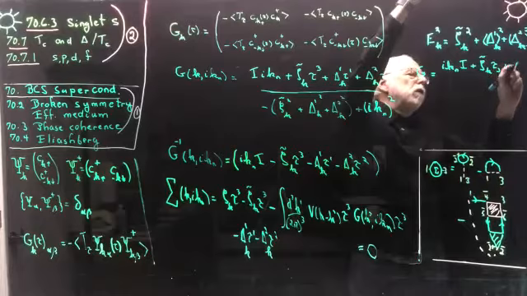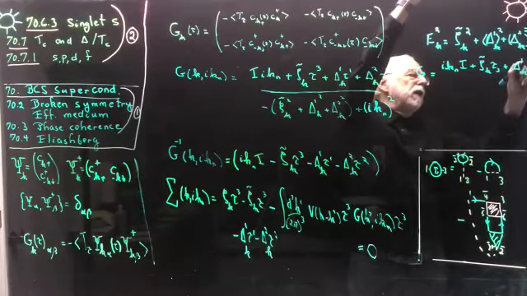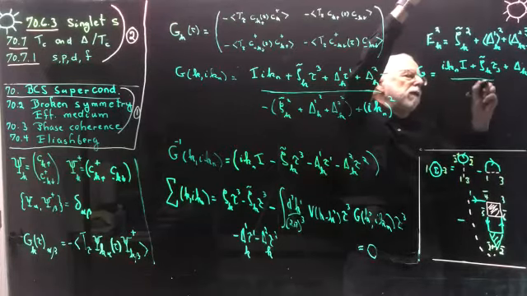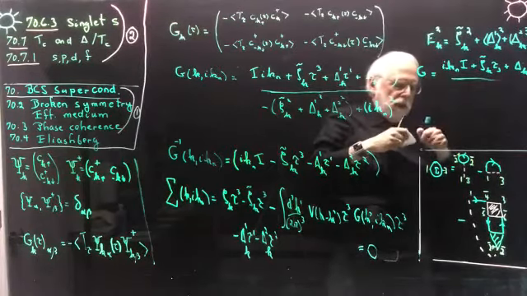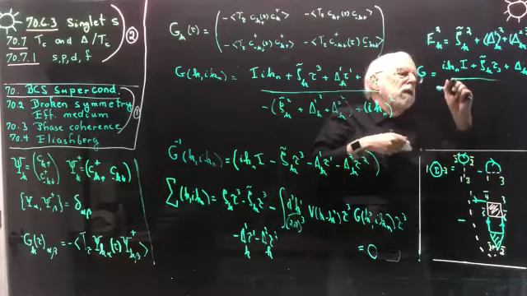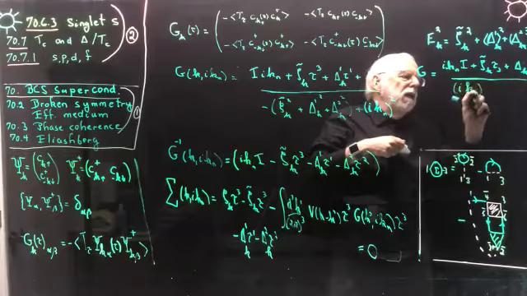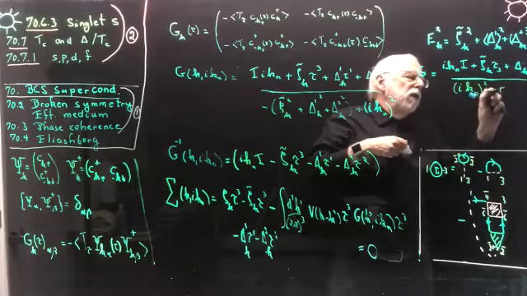So for now, let me just write delta 1 k square. In fact, I won't need 1 anymore, divided by i k n square minus E k square.